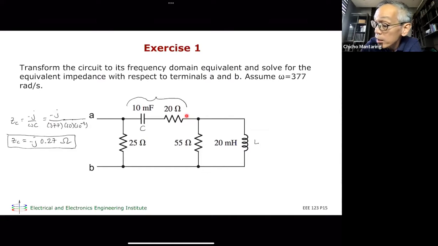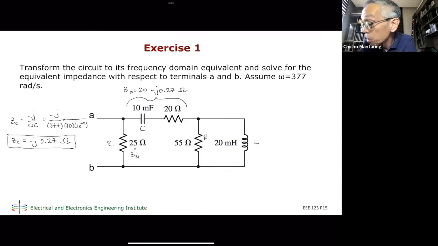So the impedance of this branch is going to be 20 minus J 0.27 ohms. Let me call that Zx. Let me call this R1, so this is Z of R1. Then if I call this R2, this is now Z of R2.